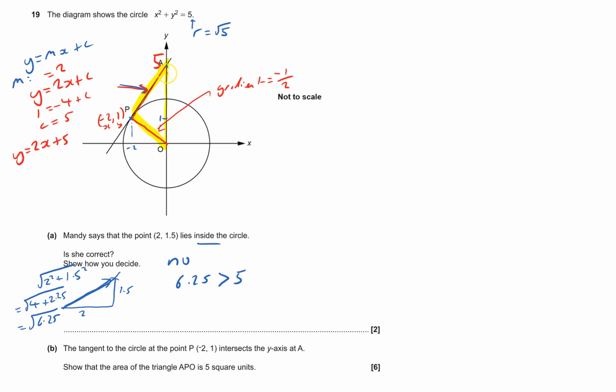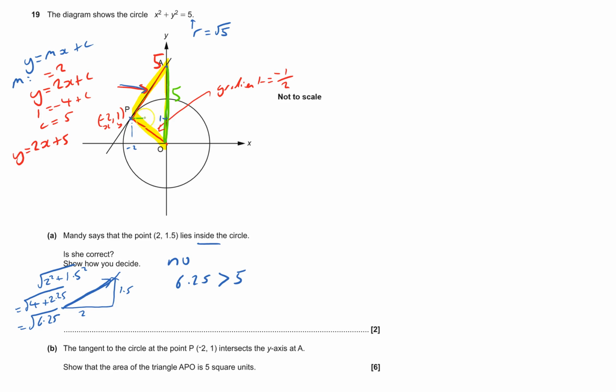Now I can find out the area of this triangle. I'll do it in two different ways. I'll do it the way I saw it to start off with, and then another way. So I know this distance here, I'll do it in green. Oh, so undo that bit. I know that bit there is 5.